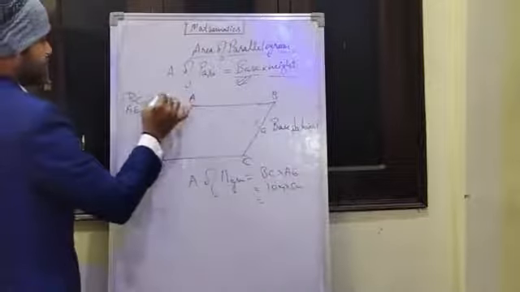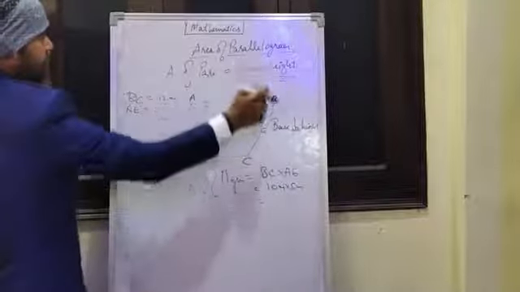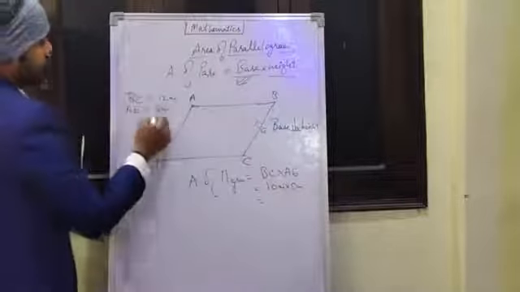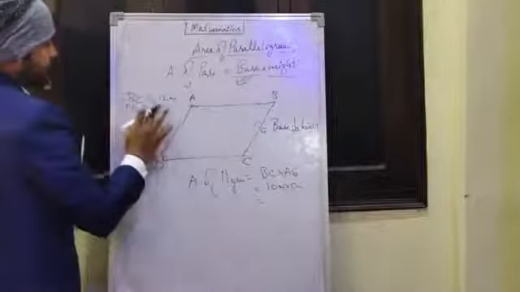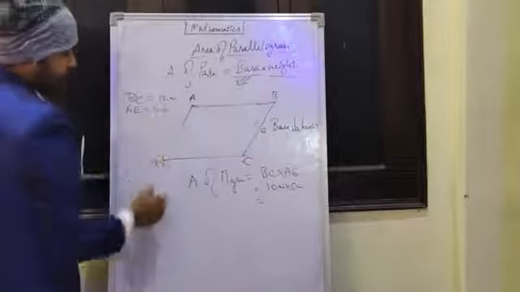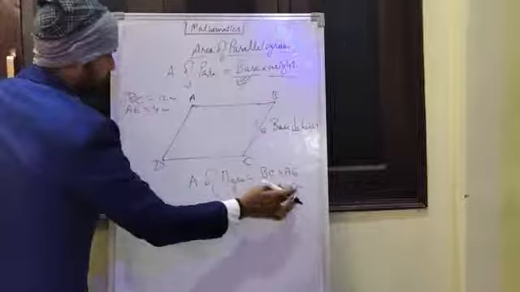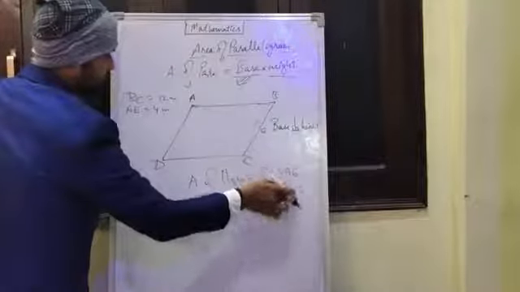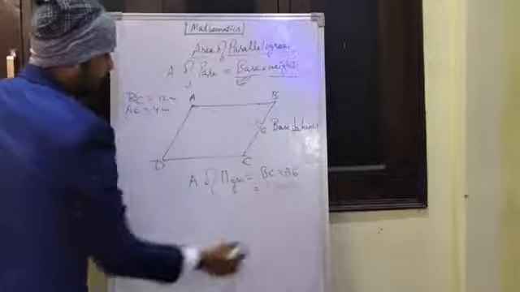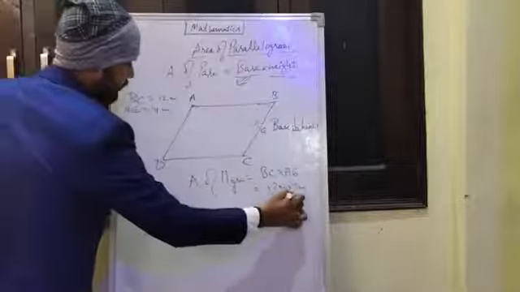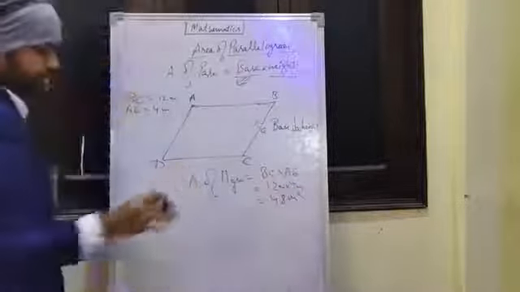Let's take BC as 12 and AE as, let's say, 4. 12 into 4, 48 meters square. Now see, I have taken any random value.